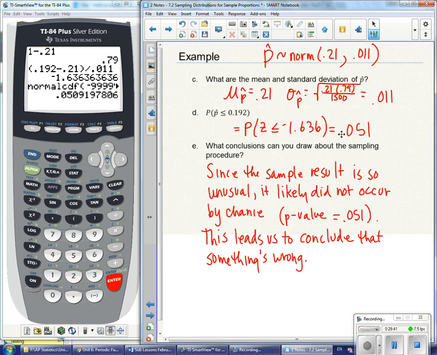It could be that the claim is too high, or there's an error somewhere in our methods.